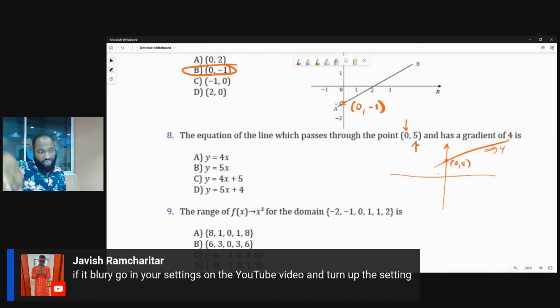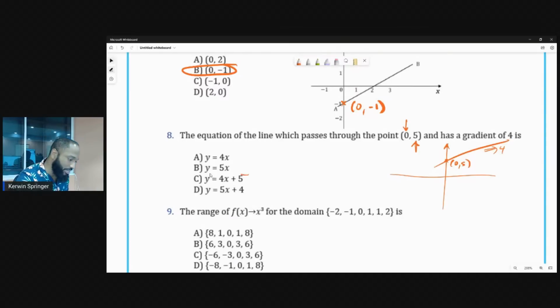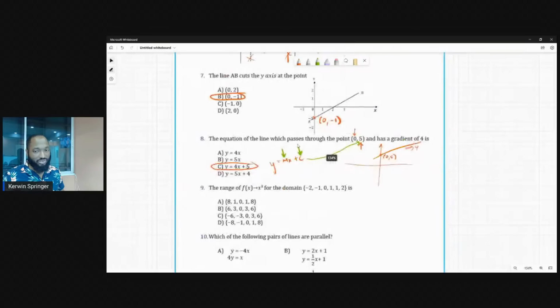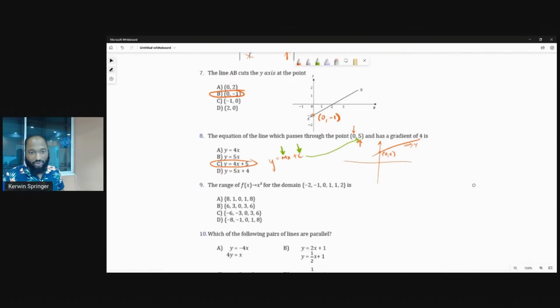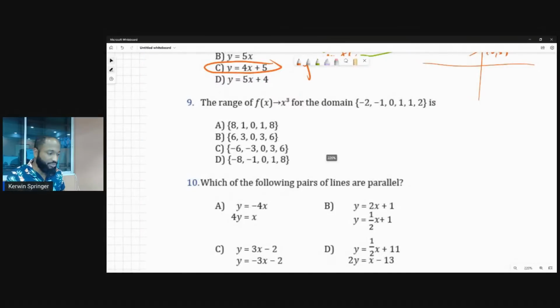So the gradient is increasing 4 units up for every 1 unit across. So this has to be this line. This is in the form y is equal to mx plus c, where m is the gradient and c is the y-intercept, which corresponds to the 5. Nice. So some of you would have gone and put it in the equation of the line and worked it out that way. That's okay, but there's a fast way to do it.